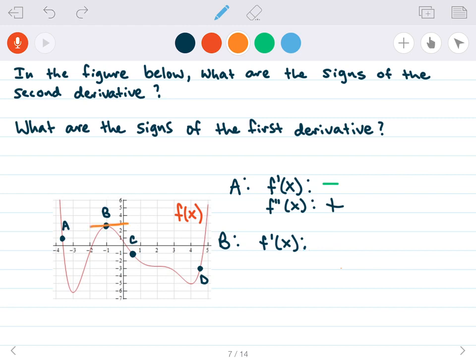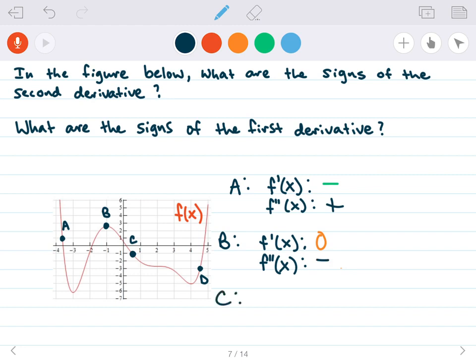Okay. All right, what about f double prime of x? Well, this is at the peak of an upside down U, right? So it's concave down. So that means that at that exact point, the sign of the second derivative is going to be negative because it's concave down.